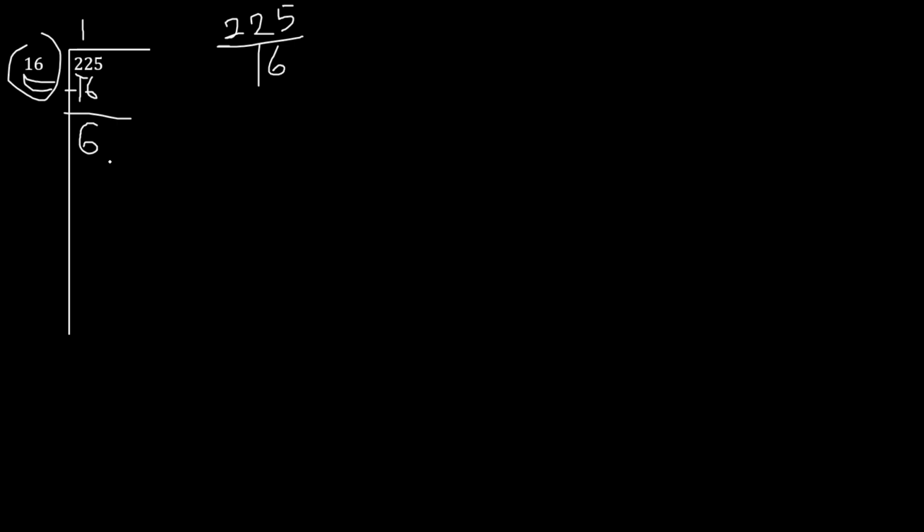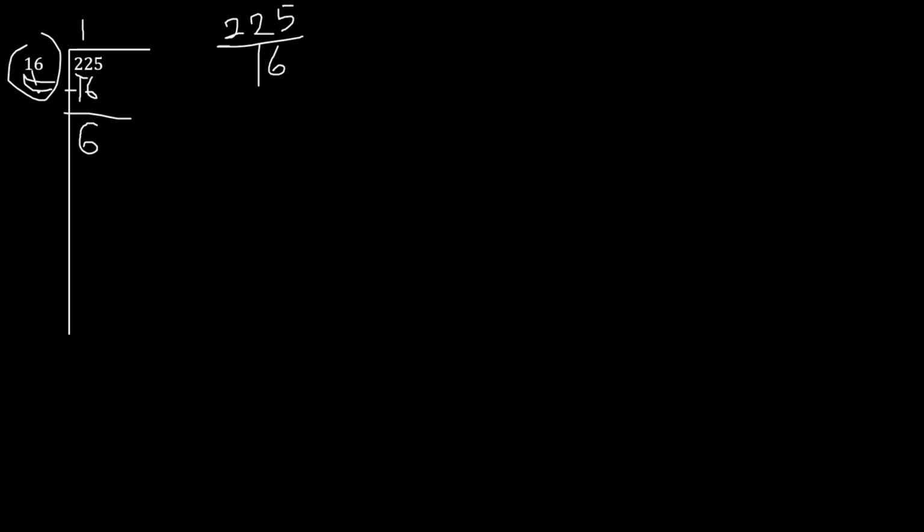So at this point in time, the first step has been done. You want to go to the next step. Remember that division occurs in steps. And for you to get the proper way of doing this division, you must follow the steps. Let us go to the second step.